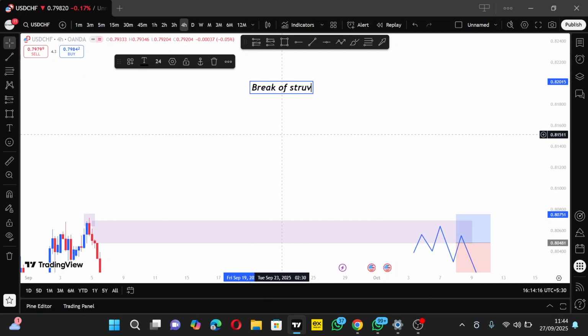Break of structure. Pull back to order block. Correct. Active. 4 hours or one day. Okay, good.